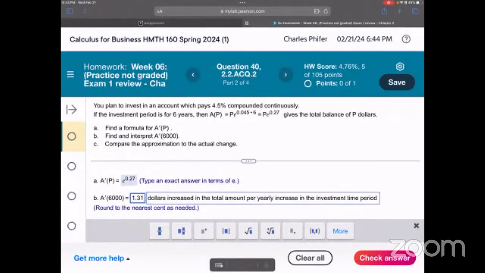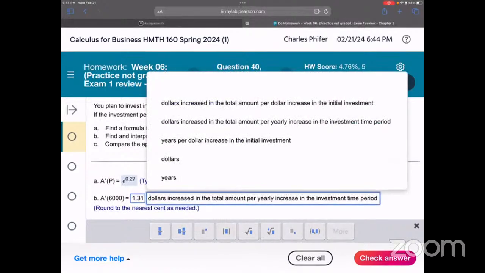Wait a minute, let me think about this one more time before I submit it. Actually, the dollar increase in the total amount per dollar increase in the initial investment. Actually, I think it's the first one now, because the P is based on dollars, right?